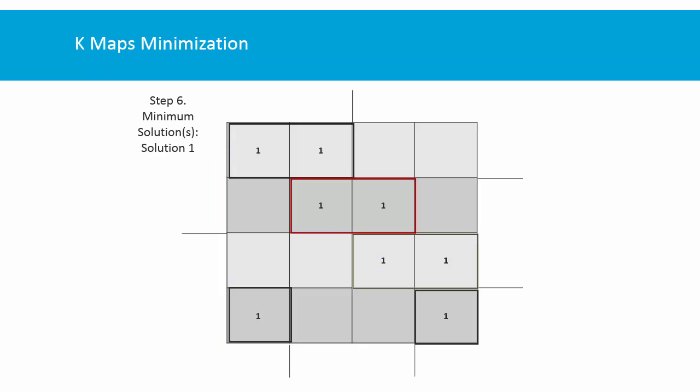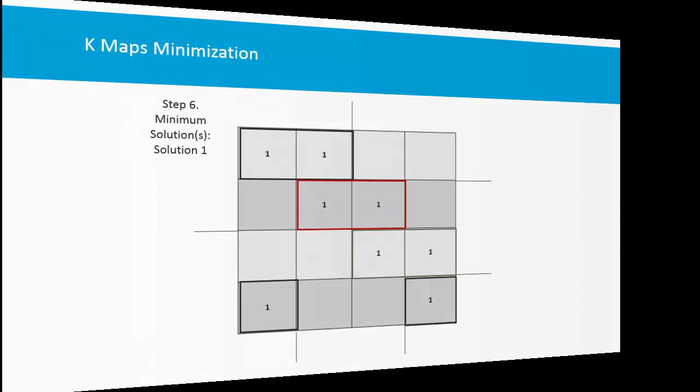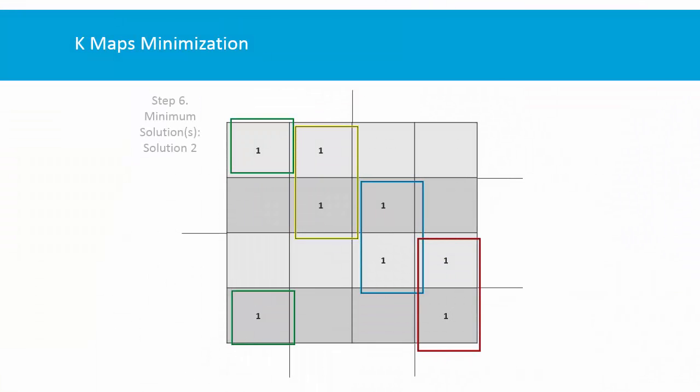So this would be the first solution, or a minimum solution. You can choose all the horizontal groups. However, this is not the only solution. We can also choose all the vertical groups, and this would be the second minimum solution. So in this particular case, we have 2 minimum solutions.